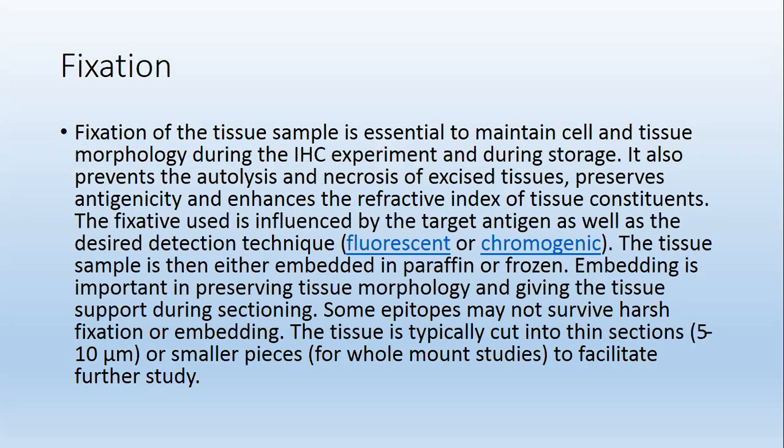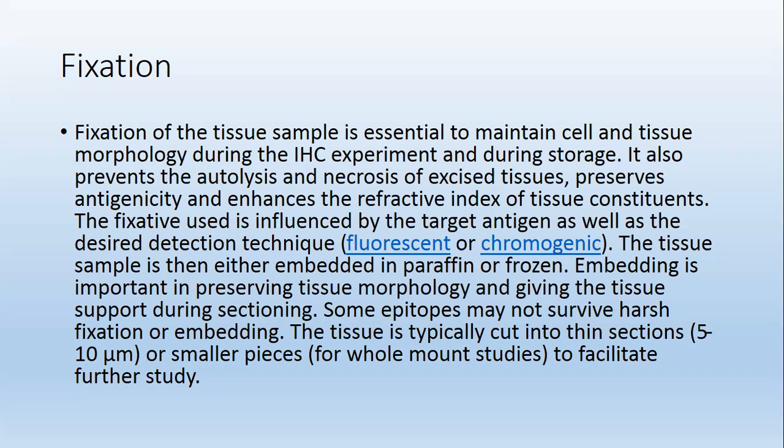Now, fixation. Fixation of the tissue sample is essential to maintain cell and tissue morphology during the immunohistochemistry experiments and during storage. It also prevents the autolysis and necrosis of excised tissue, preserves antigenicity, and enhances the refractive index of tissue constituents.